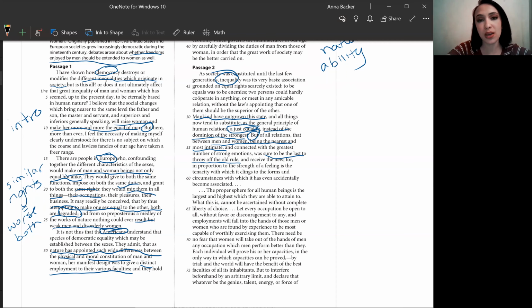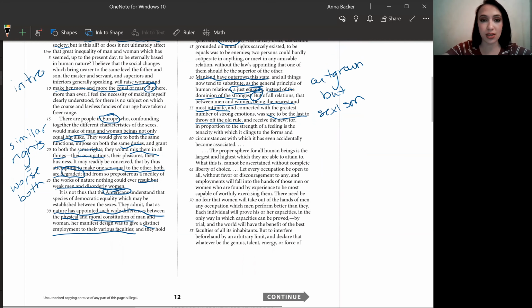So we can say outgrown, but sexism. That is actually what I wrote, because in my head, I see we've outgrown the inequality, but sexism still exists. We still have this divide between men and women. All right, so let's keep reading.